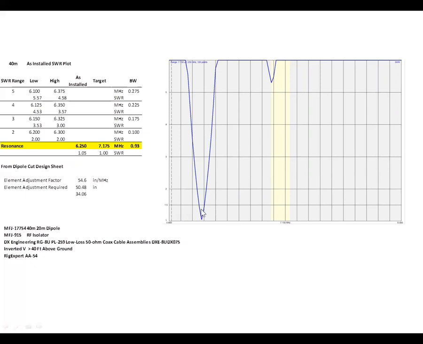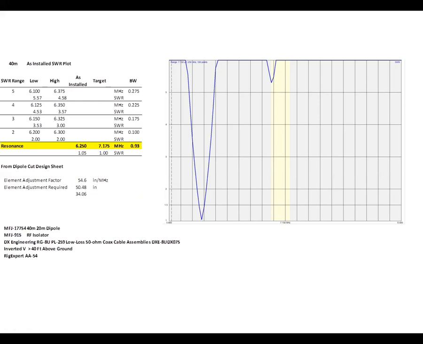Now, a lot of people will say that they have a problem with their SWR and they're trying to get their SWR down. So it sounds like you're making an adjustment to turn something down, like power or gain or something like that. But when you're tuning an antenna, what you're actually doing is adjusting the length of the antenna to move this resonant point, because the resonant frequency is determined by a lot of things, and the biggest thing is the length of the element.